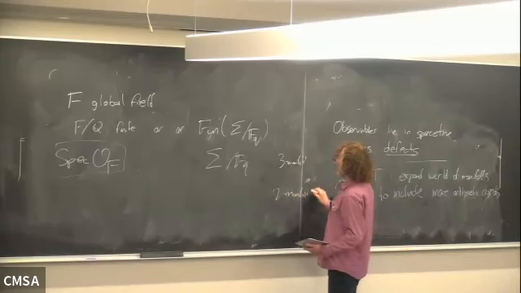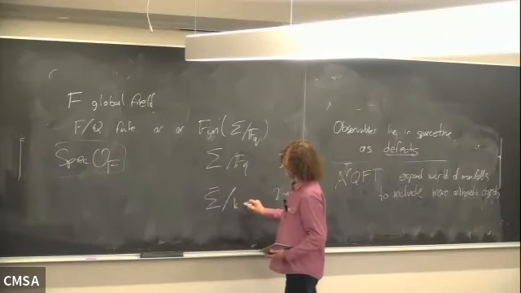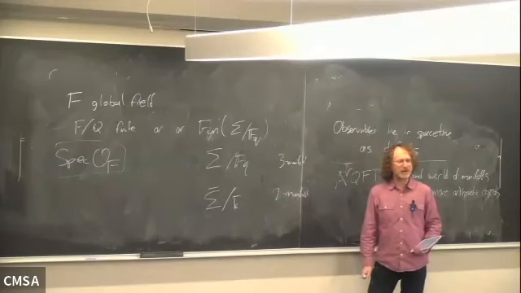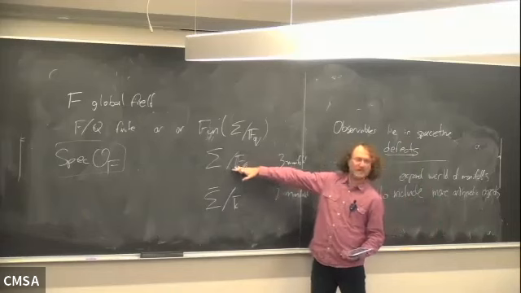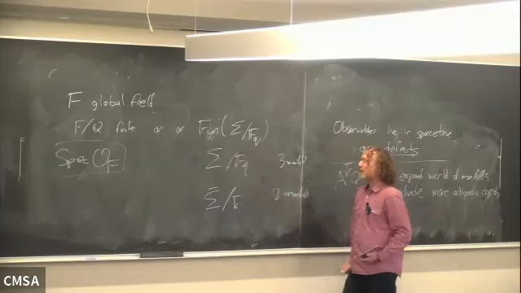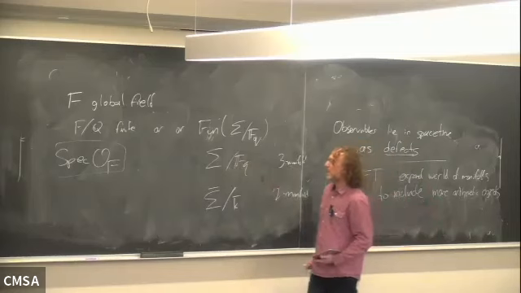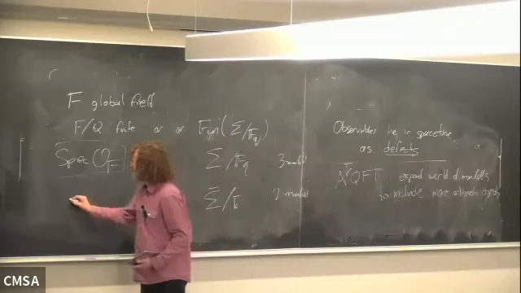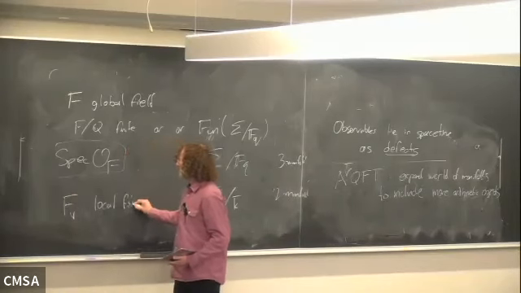An example of a two-manifold will be a curve over an algebraically closed field. A smooth projective curve over an algebraically closed field, for example the complex numbers, or you could take one of these guys and base change it to an algebraic closure. Those are good two-manifolds. And another good two-manifold would be something like the field F_v, which is a local field.